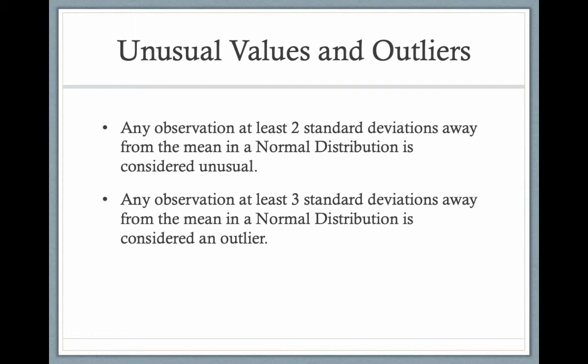Okay, so unusual values and outliers. Any observation at least 2 standard deviations away from the mean in a normal distribution is considered unusual. Okay, they're not your typical values. Any observation at least 3 standard deviations away from the mean in a normal distribution is considered an outlier.